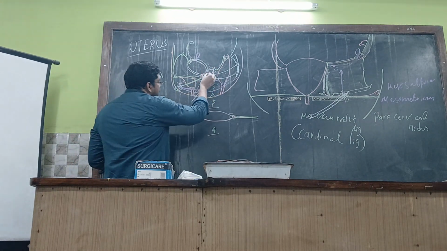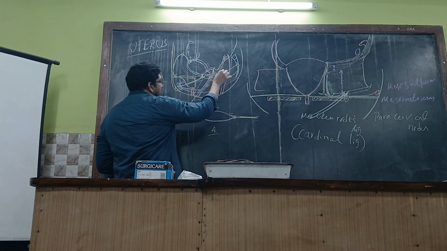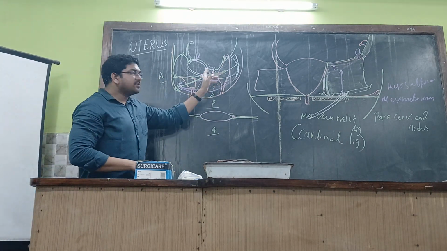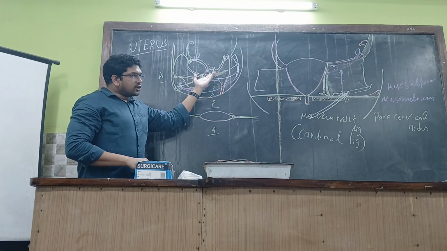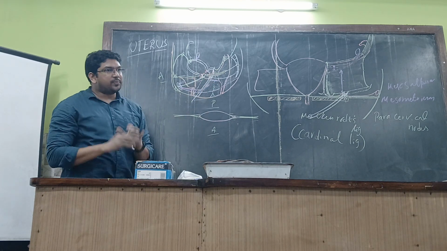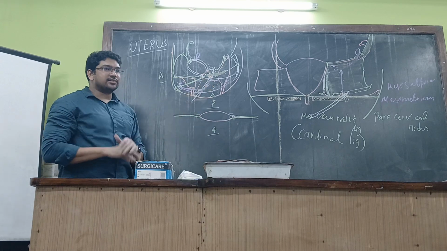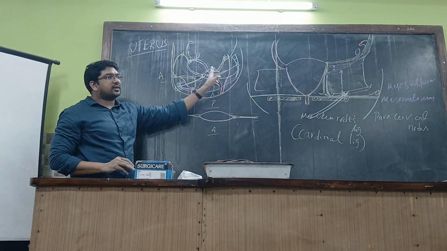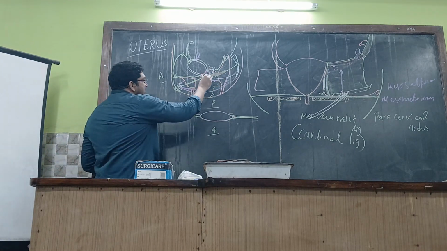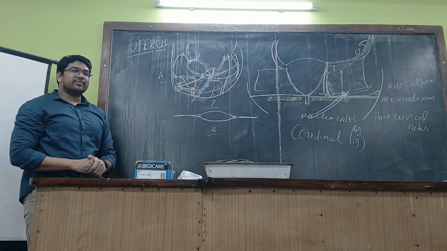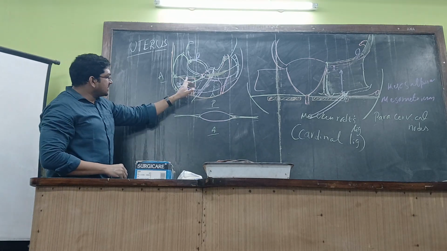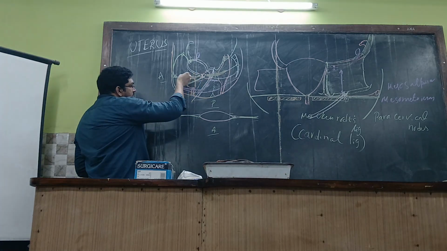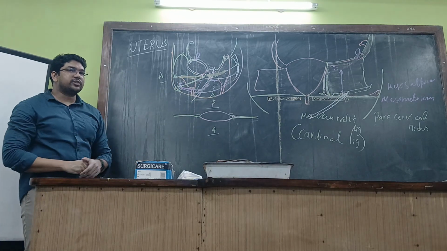Those are paired folds on either side, termed rectouterine or rectocervical folds of peritoneum. These are called the false ligaments. And a single false ligament in front connects the superior surface of the urinary bladder and the uterus, which is the uterovesical fold of the peritoneum.